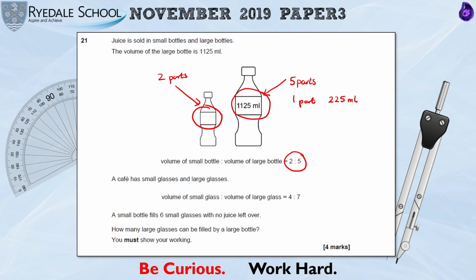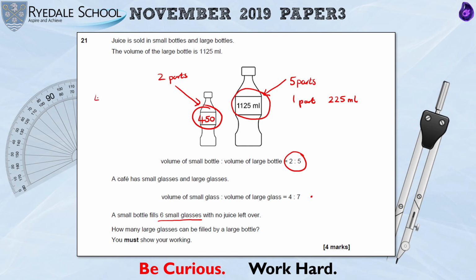So doubling that, the small bottle is 450 mil. Brilliant. Okay, we now know that the small bottle fills 6 small glasses with no juice left over. So we can use the 450 and the 6 small glasses, notice I'm not using this ratio yet, to work out the volume of a small glass.